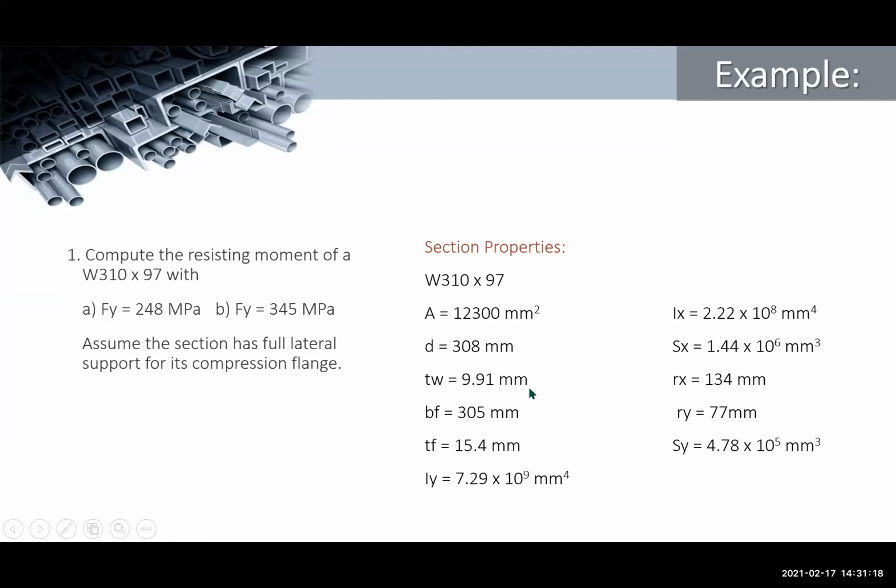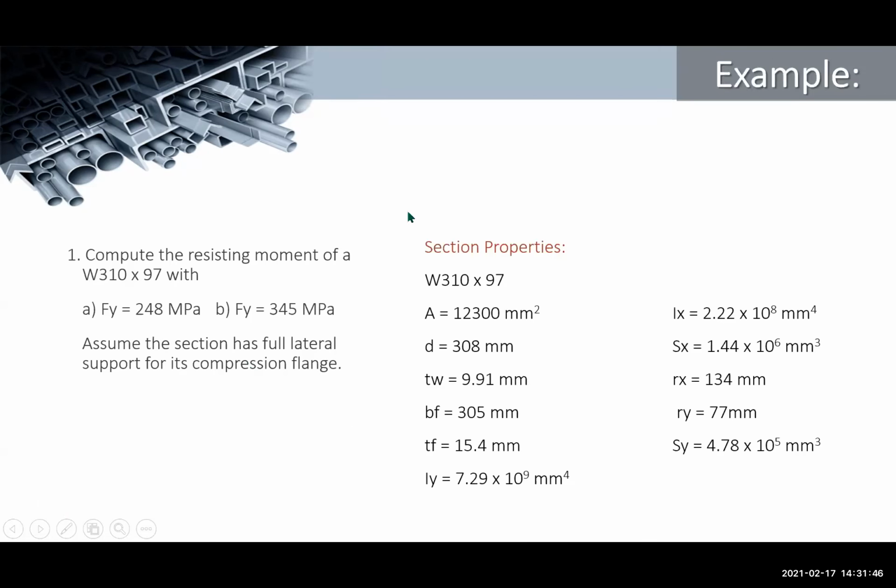So, super minimal yung difference, kaya siya tinawag na wide flange section. Assume the section has a full lateral support for its compression flange. So, check natin. Since sinabi na dito na full lateral support daw, so this is under your laterally supported section. We don't need to compute your LC and LU.